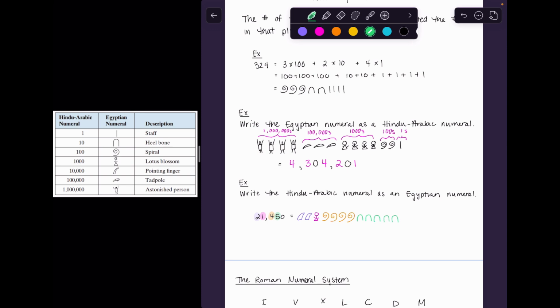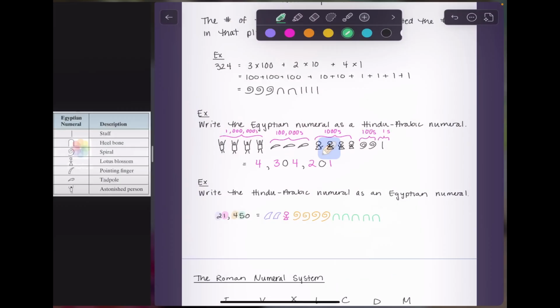And then I have absolutely nothing in the 1 spot, so I just end my number there. Okay. So hieroglyphics, hopefully pretty nice. Obviously, you're not going to be expected to remember every one of these different symbols. They'll pop up for you. But that is our first system that we're going through today.